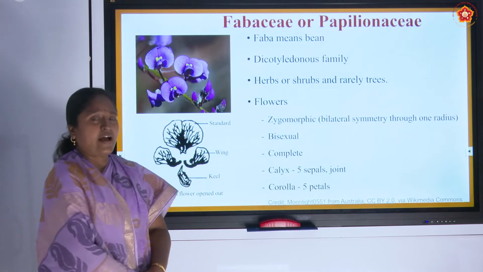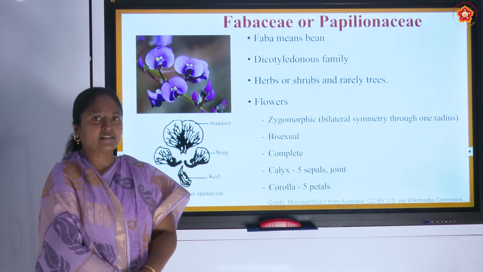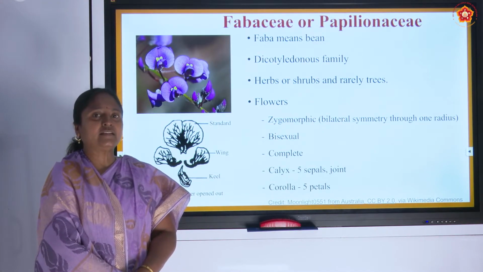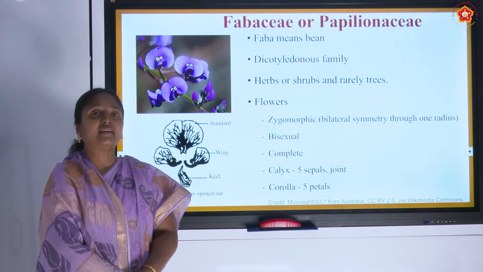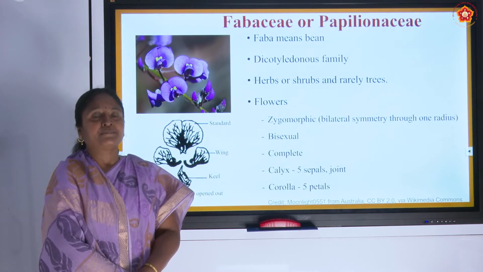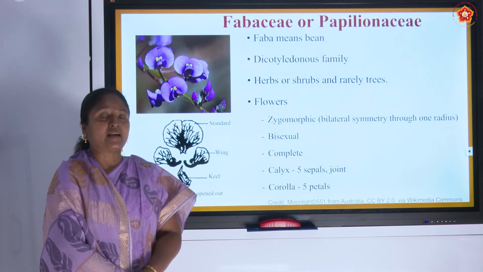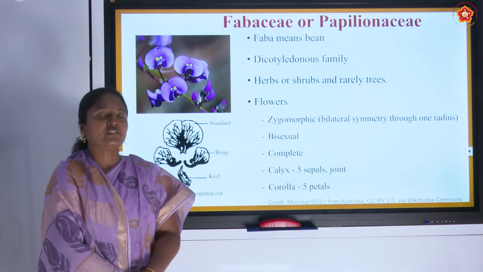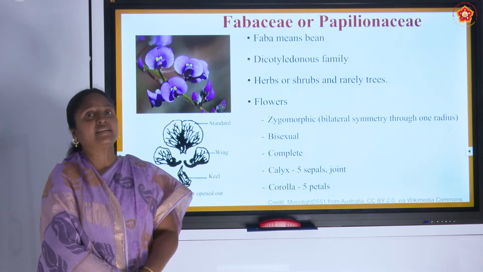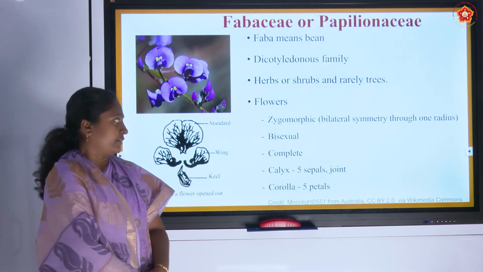In a flower we expect a flower stalk, then the carpels, the style and stigma, the petals, sepals, all those structures. All those structures are present in this plant, hence it is known as a complete flower.